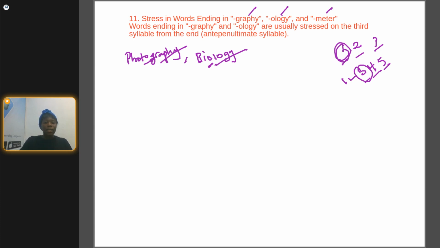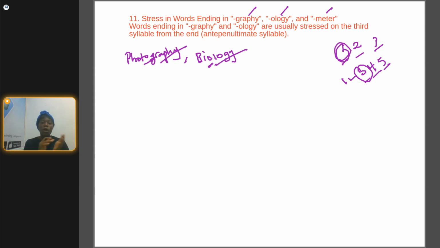Then we looked at words ending in the suffix ment. Ment is a suffix and is not usually stressed, so your stressed syllable is going to be in the root word. Then rule number nine talks about compound words that are nouns.